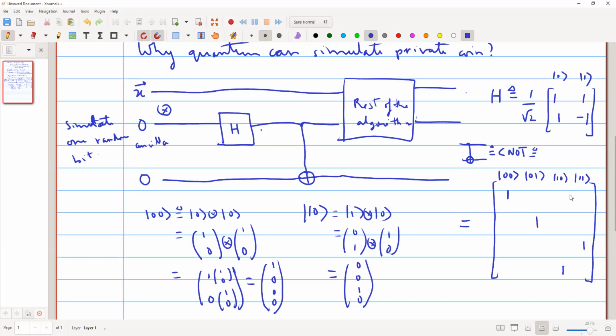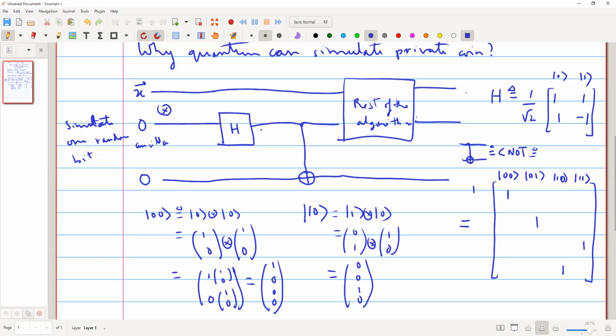And if the control bit is 1, do a NOT. So what is NOT? NOT means if the second bit is 0, it goes to 1. Okay, so maybe labeling the rows will make things clearer.